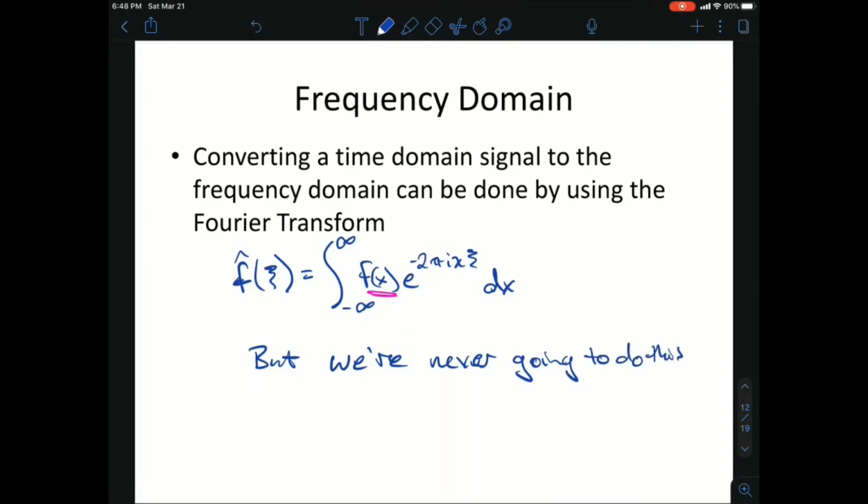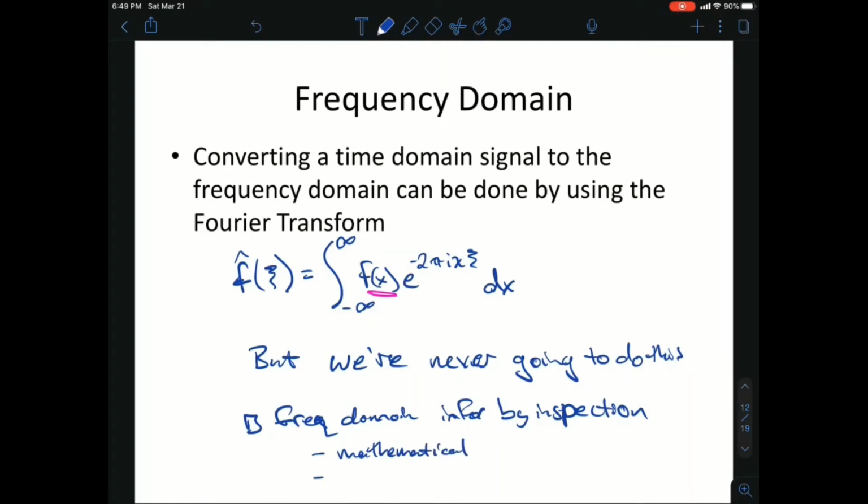Instead, what we're going to do is figure out all of our frequency domain info by inspection. That means you're going to be able to look at either the mathematical representation or a plot and figure that information out.